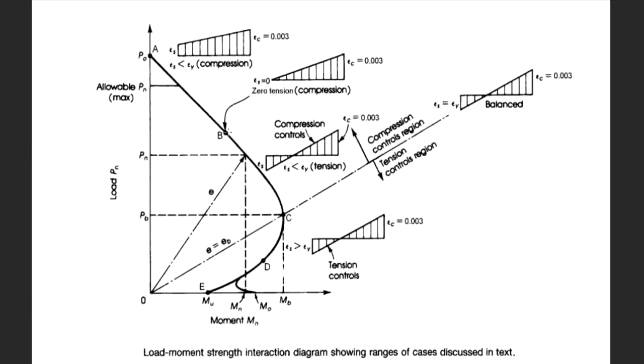As we move from point B to point C, the strain will decrease. Sorry, the strain will again increase, and strain in concrete reaches the maximum value, since again the strain in steel will further increase. At point C, the maximum value of strain is attained in the concrete, and the maximum value of yielding strain is attained in the steel.